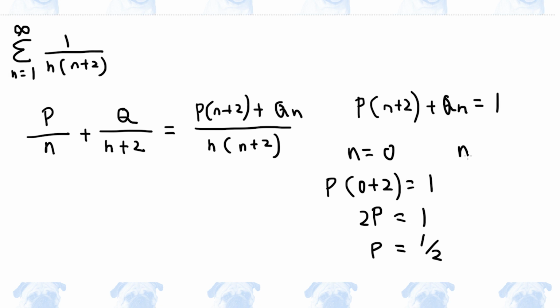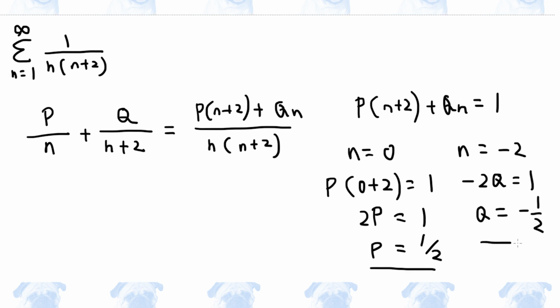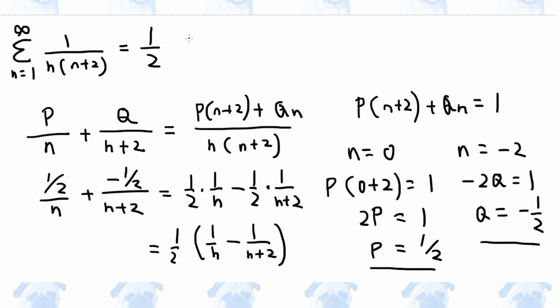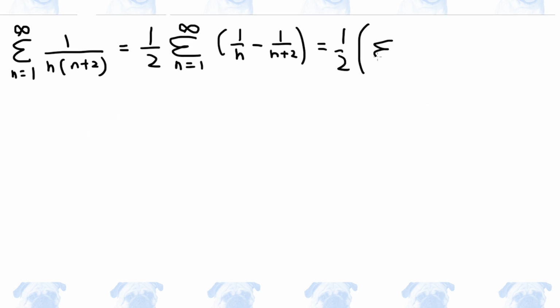Next, let's assume n is minus 2. Then we have minus 2q is 1, meaning that q is minus 1/2. And let's substitute these values into the left-hand side of this equation. So this is equal to 1/2 times sigma.